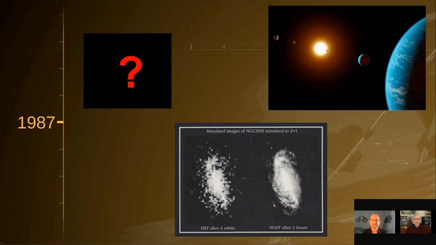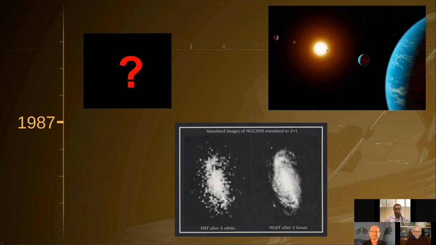We would be going into the universe in ways that we could not conceive of. And so I put a big question mark for those amazing discoveries that a telescope would actually make when doing its work with the capabilities that the next generation space telescope would have.